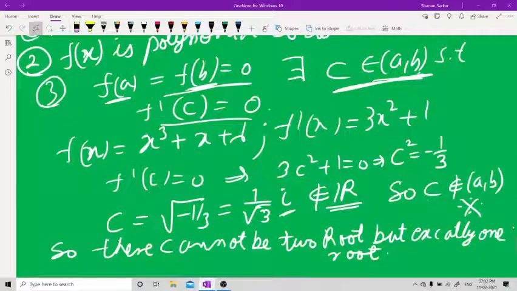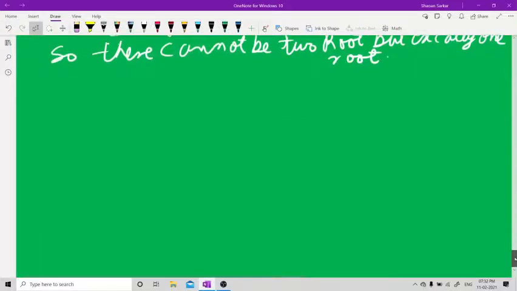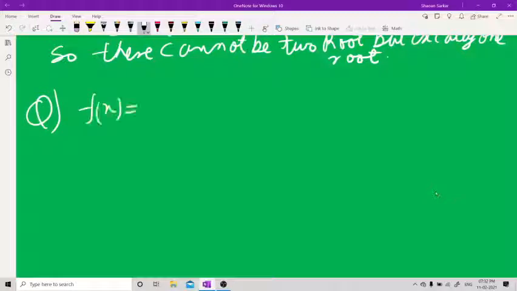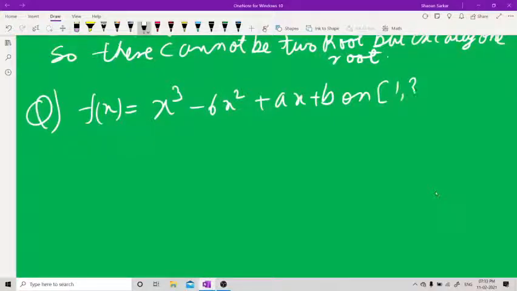Now let us do one more question. Now the question is of this form that f(x) is given to you as x cube minus 6x square plus ax plus b. This is on 1 comma 3.